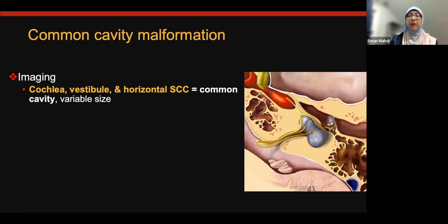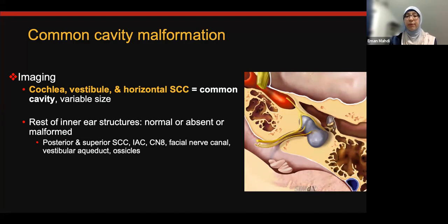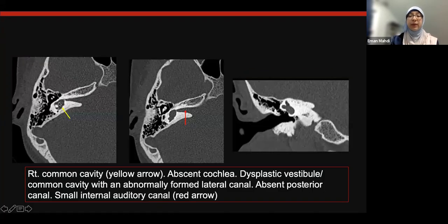On imaging, we'll see one cavity connecting the cochlea, vestibule, and horizontal semicircular canal. The rest of the inner ear structures can be normal, absent, or malformed. That's an example here for common cavity malformation.